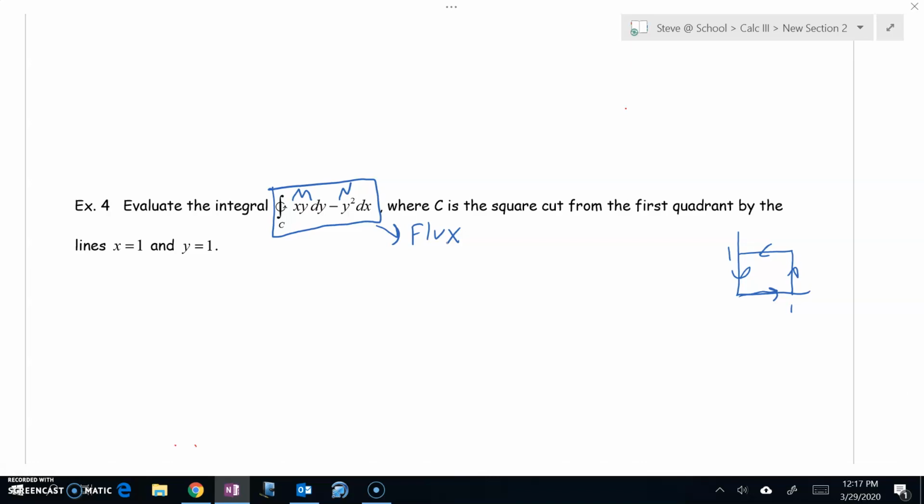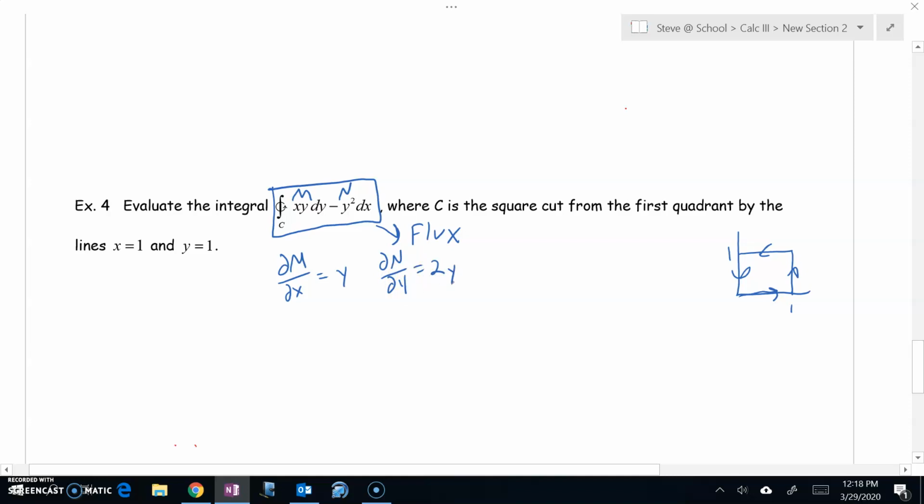Okay, so the good news is we're not going to use the curl integral, we're going to use the divergence integral. To do divergence again, for flux, this is what I did with you yesterday. You need the derivative of m with respect to x, which is just y, and you need the derivative of the n piece with respect to y, which is 2y.